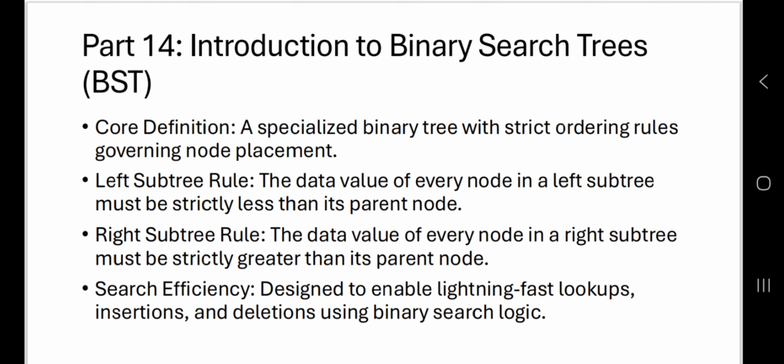The left subtree rule: the data value of every node in a left subtree must be strictly less than its parent node. The right subtree rule: the data value of every node in a right subtree must be strictly greater than its parent node. Because of this, it provides search efficiency, enabling lightning fast lookup, insertion, and deletion using binary search logic.